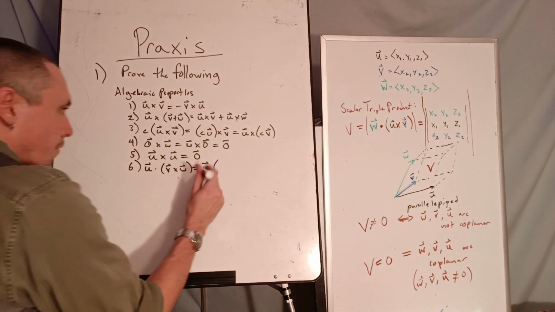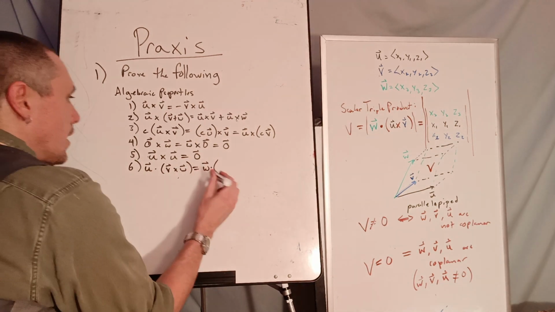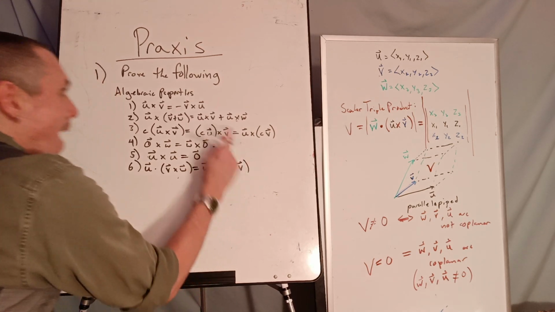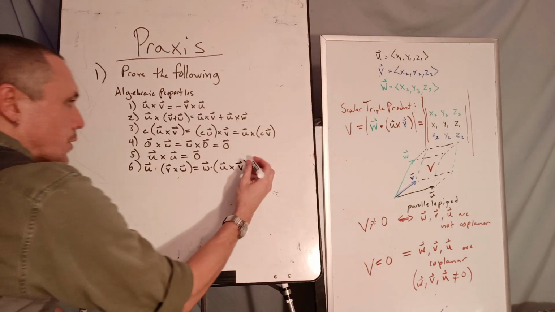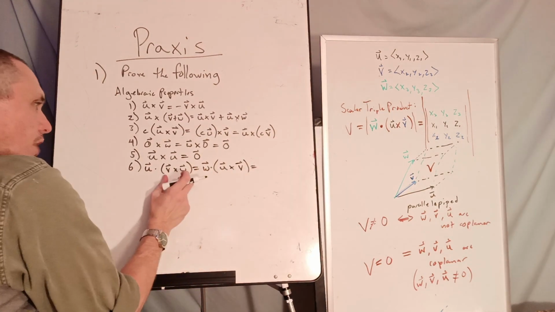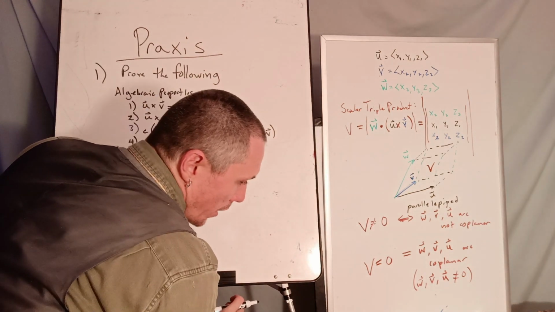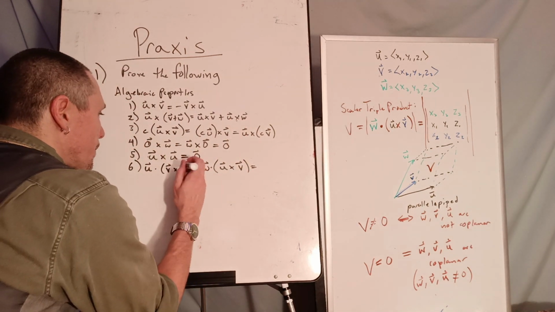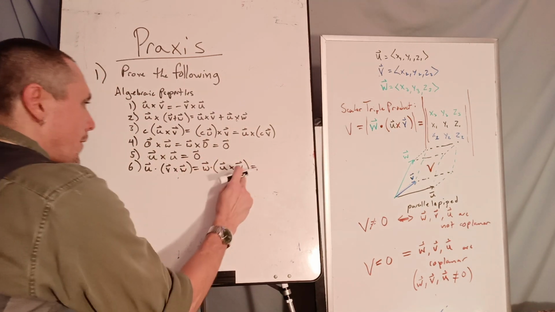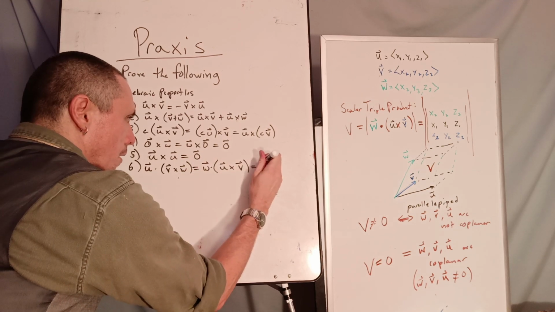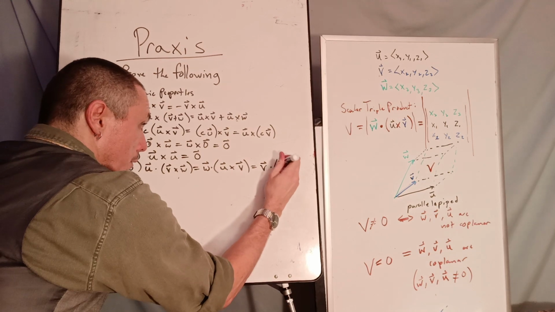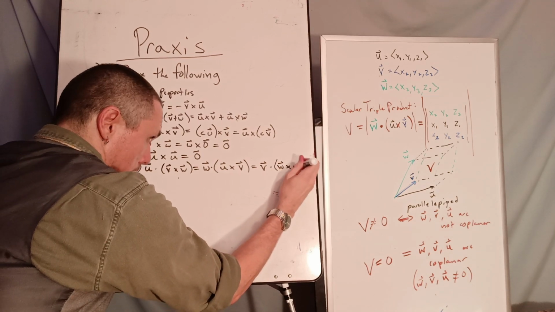So I could move this to the front and dot that instead, and then this would be U cross V. Remember, order matters with the cross product, so the order changing here is going to matter. This is a W. There we go. And then likewise, of course, you'd have V dotted with W cross U.